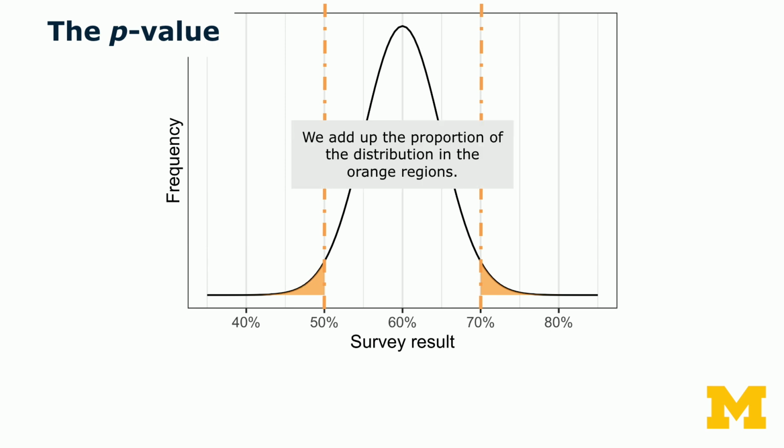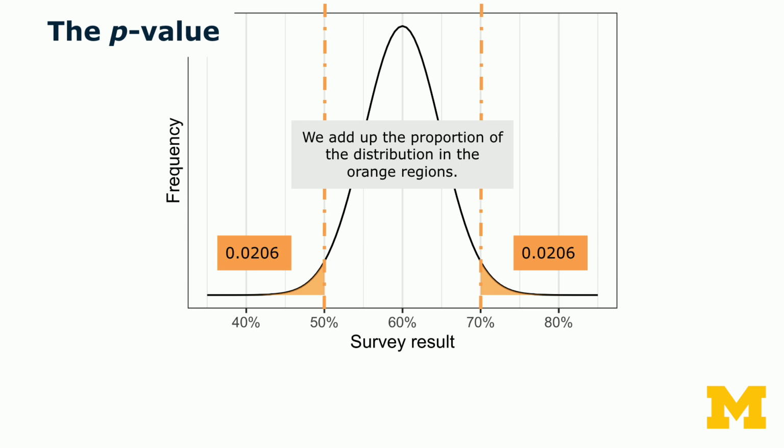So now we're going to add up the proportion of the distribution in the orange regions. Okay, what does that mean? So what we're going to do is we're going to find out what proportion of our distribution is under each region. And they're identical, they're like twins, and it turns out it's this number.